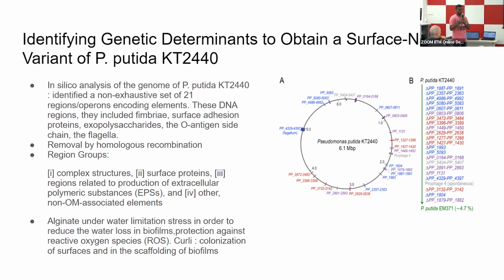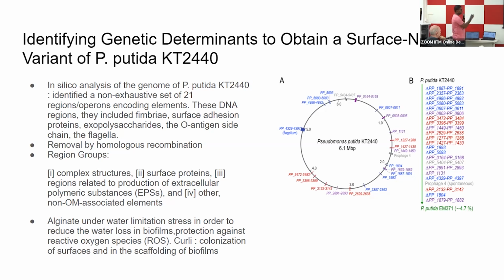Some of the properties are based on the outer surface membrane, such as alginate, which is useful for the bacteria in water-limiting conditions. For example, alginate under water limitation stress reduces the water loss in biofilms. Also, it protects against various ROS, that is reactive oxygen species.